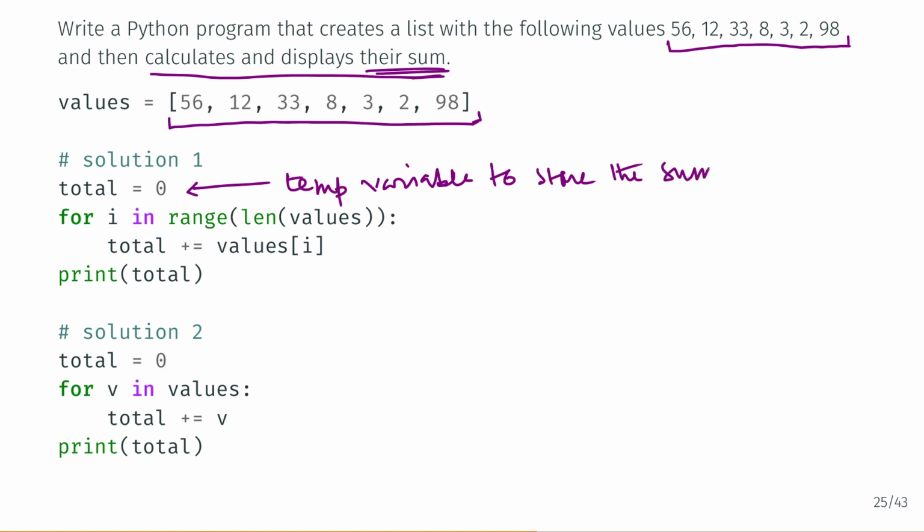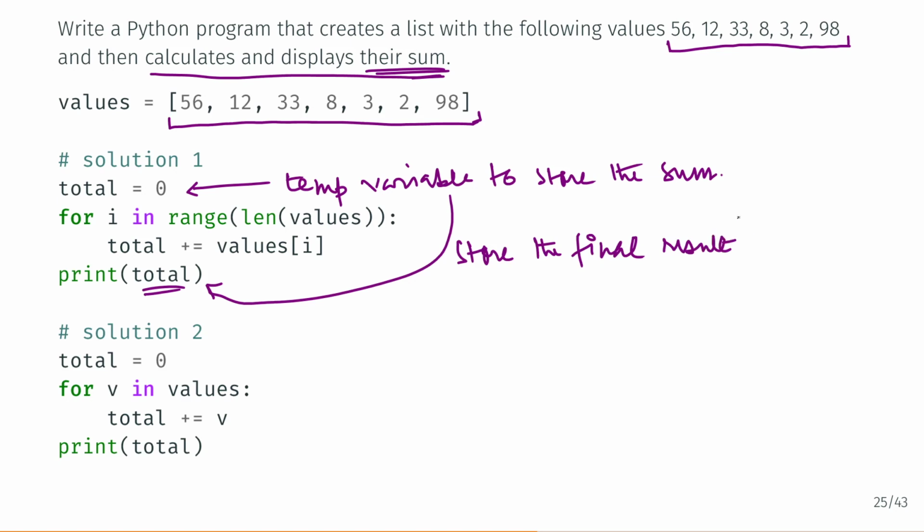And remember, every time we calculate things in a loop, we always start with a temporary variable that will, by the end of the loop, store the final result. That's the formula of calculating things in a loop.